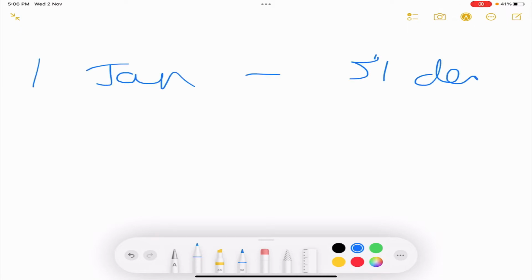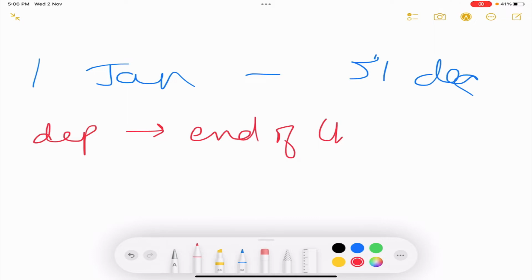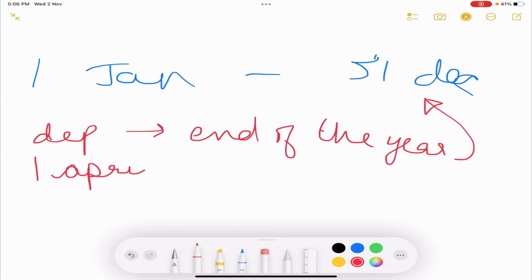And you know that depreciation always takes place at the end of the year, which means it takes place on 31st December, right? If I purchase an asset, let's say on 1st April, then how will I calculate depreciation?